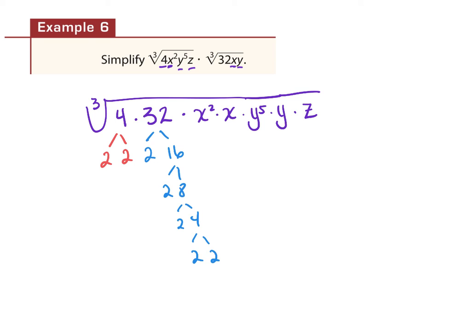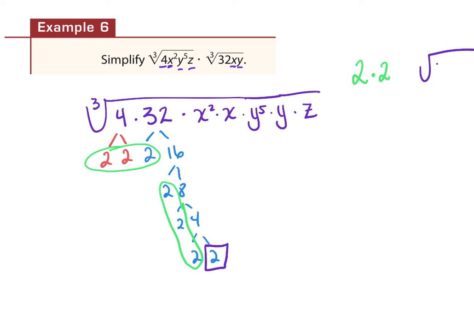So I need groups of 3. So I have 1, 2, 3 there. So a 2 is going to come out. I have 1, 2, 3 here, right? Another 2 is going to come out. And then I have this lone little guy here that is going to stay in, right? That's going to stay in. So I have a 2 on the inside.